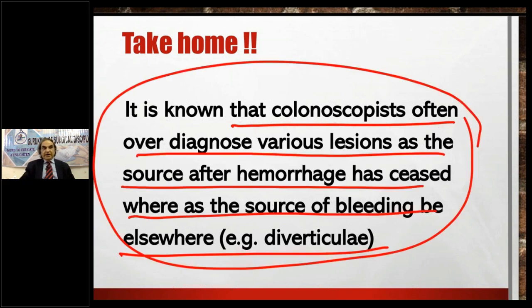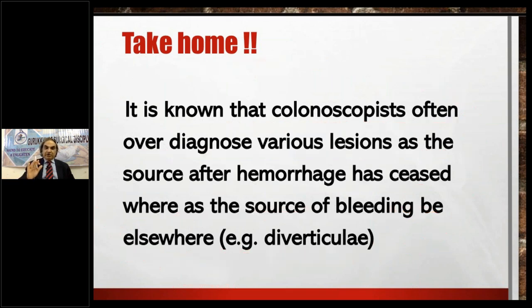They make a diagnosis of a diverticulum, but that is present and it may not be bleeding, but they make a diagnosis and you may get a wrong diagnosis. As a surgeon, you should be careful about it. You should believe it to be the cause, but after the bleeding has stopped, nobody can actually tell you for sure if that is the source. And that is to be remembered.